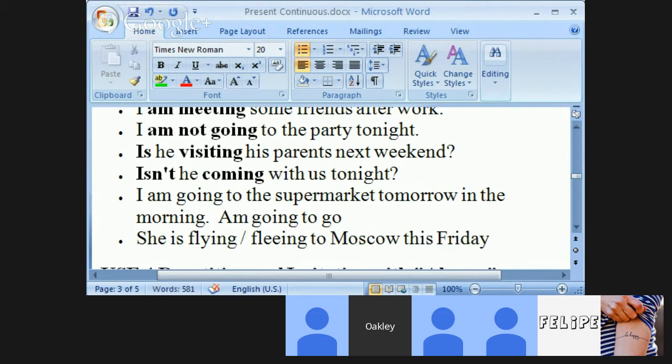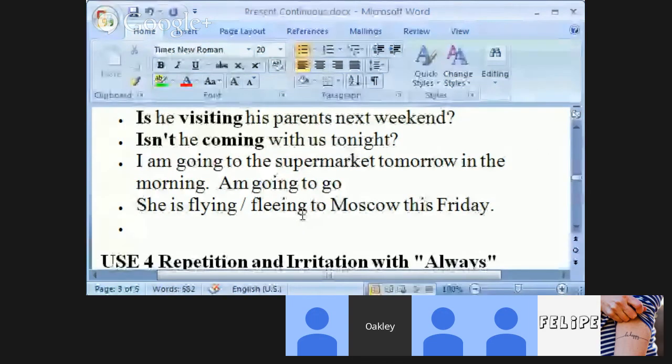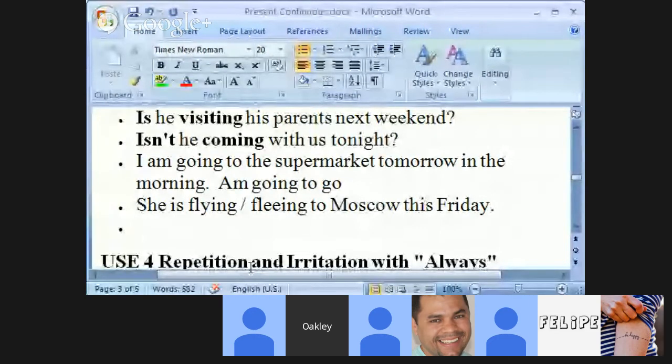You don't need to say on this Friday. It's just this Friday. Either way, either verb, but of course they're two totally different meanings. Flying, probably in a plane, unless she has wings. And fleeing meaning like a runaway, escaping to Moscow. Which would be fine. They're both possible. All right. That's the idea. Great. Obviously, a future plan.